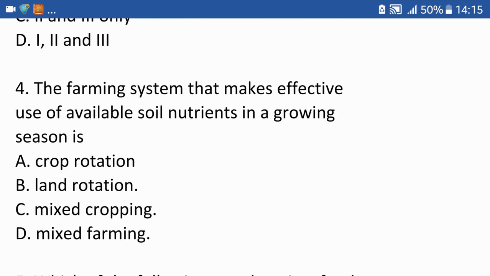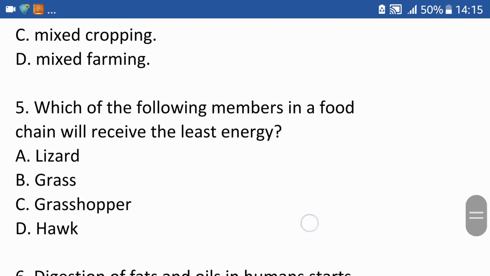Question 4. The farming system that makes effective use of available soil nutrients in a growing season is. Question 5.